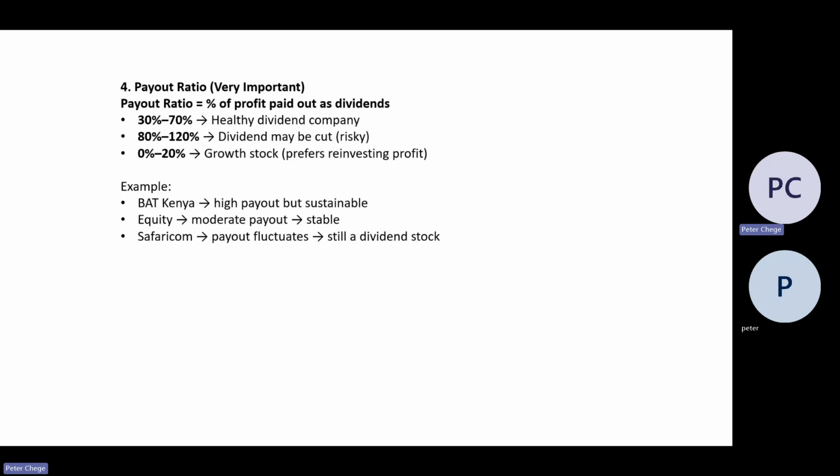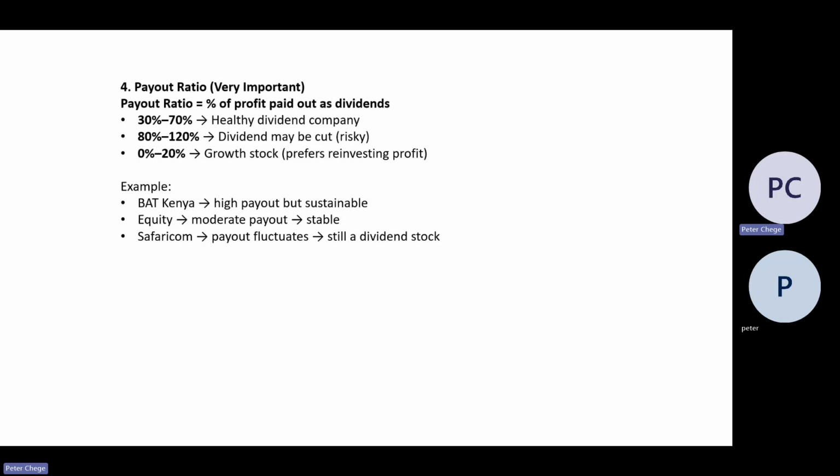Anything above 80%, unless it is a stock that is not expanding, like in agriculture, you may want to question why. Maybe in future, dividend will be cut. Look at Umeme. Their payout ratio was high.